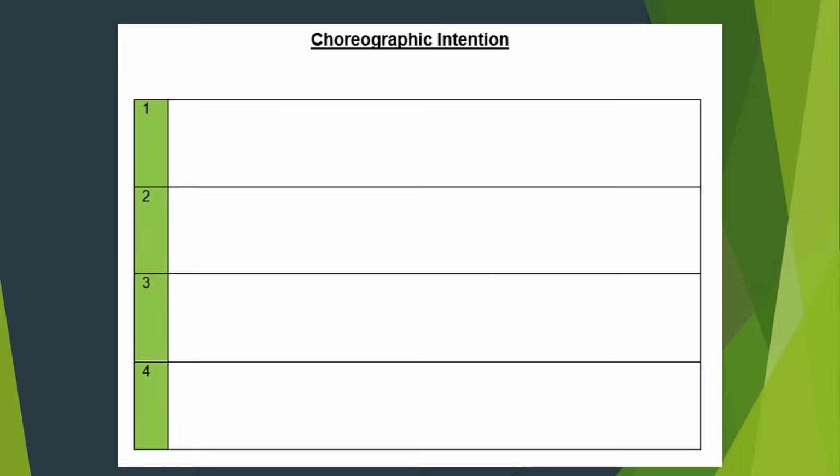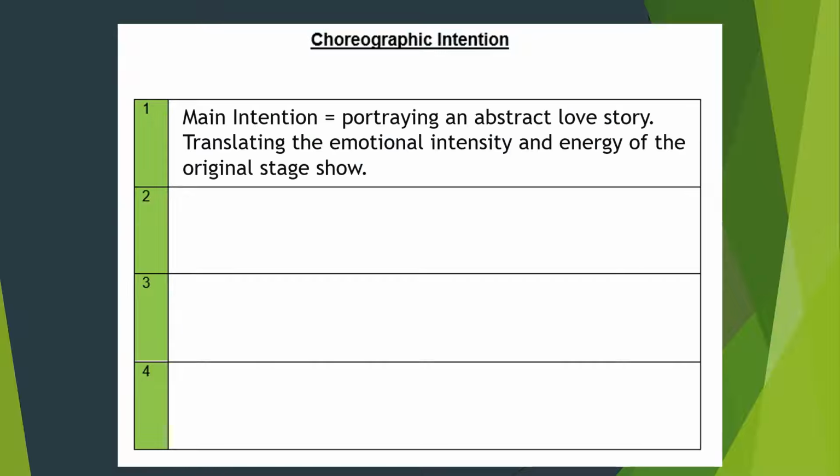Okay, choreographic intention. Remembering this is what the choreographer aims to communicate. So number one, the main intention, is to portray an abstract love story. And he wanted to translate the emotional intensity and energy of the original stage show. So some important information is that Within Her Eyes, before it was Within Her Eyes, it was called There We Have Been, and it was on stage. So not in a site sensitive location, actually on a stage live.